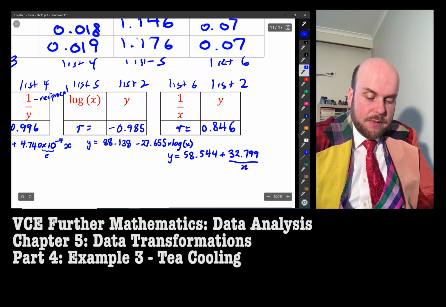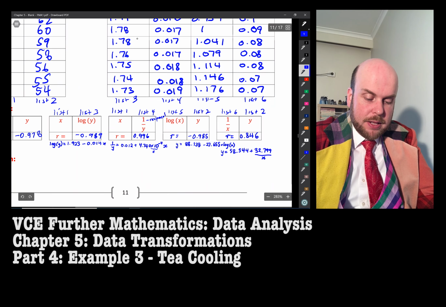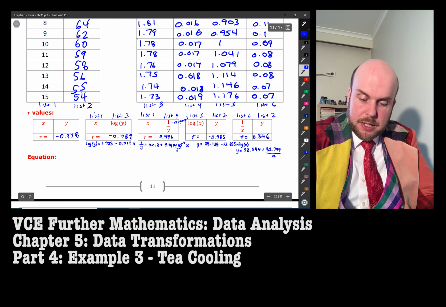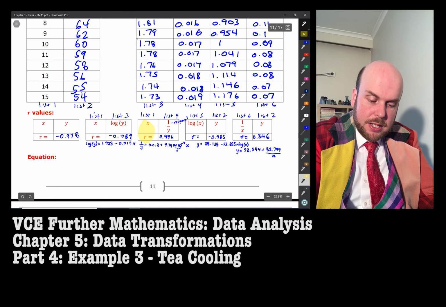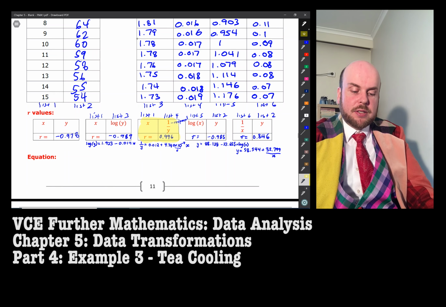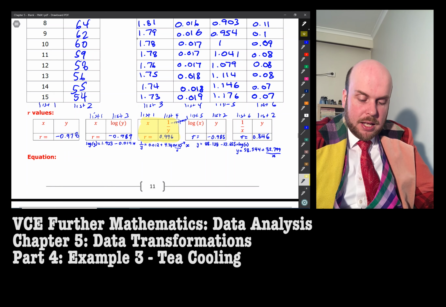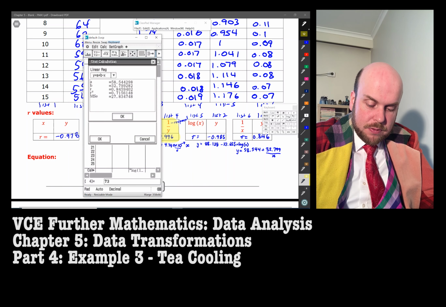So, out of all of our values here, the best of these is still this friend here. It's got the strongest R, so list 1, list 4.